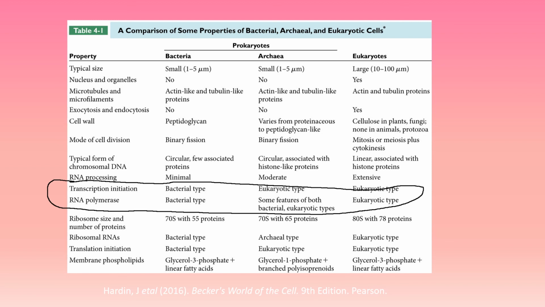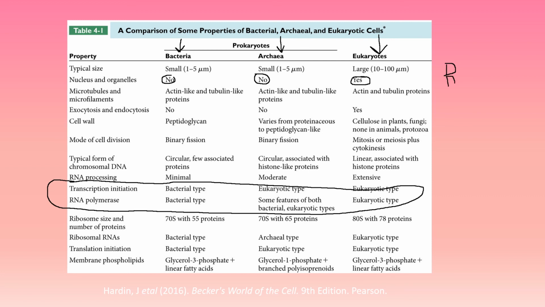We can see that the prokaryotes are here, 1 and 2, and the eukaryotes are in this final column. So typical size, you can see that the prokaryotes are small, the eukaryotes are big. So that's a difference. Nucleus and organelles. You can see that the prokaryotes have no nucleus and no organelles, but the eukaryotes do.